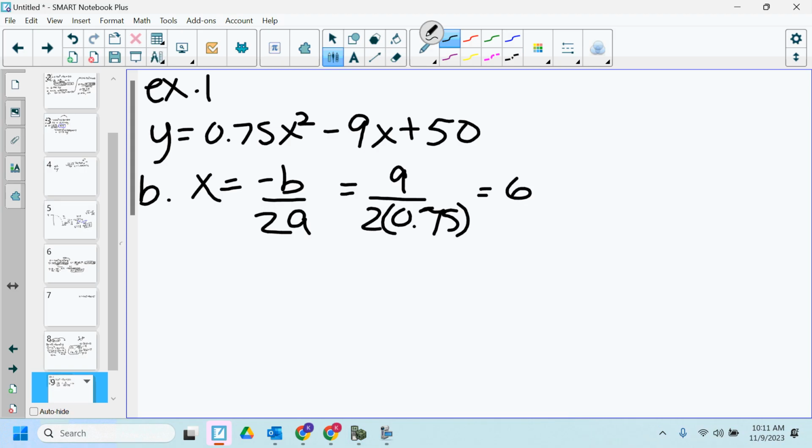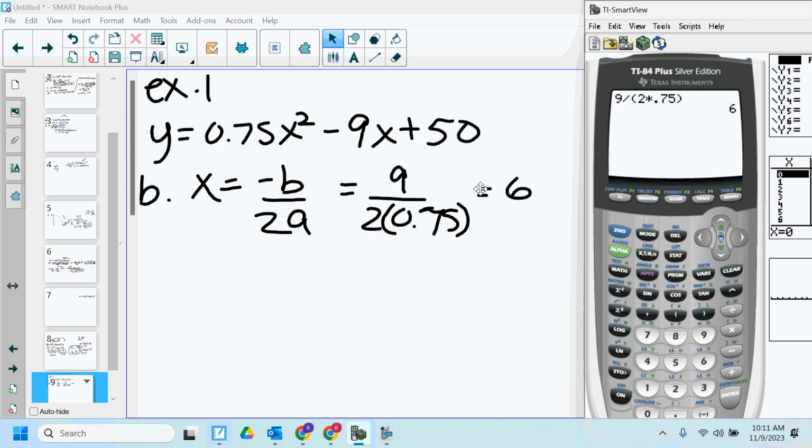If I know the x value for my vertex, I want to find what? Y. And how could I always find a y value if I know an x? Substitute it. There you go. So instead of x here, you're going to replace it with 6. You can go ahead and use your calculator with that. As you substitute, put parentheses around the value you're substituting for x, and square on the outside.